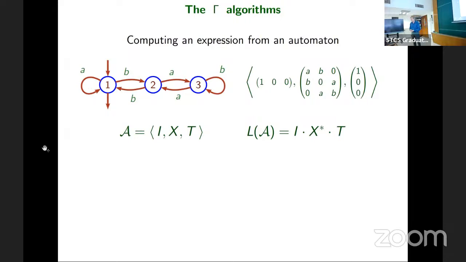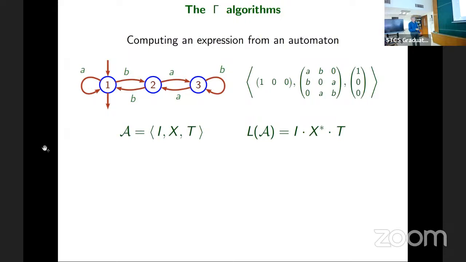Well, the star stands for that, of course, and there is no problem of definition because, with this model I've taken, every transition is labeled by a letter, so every entry of the transition matrix will be a union of letters, a polynomial of degree 1, and so for the power 2 the entries will be polynomials of degree 2, and so on, so there will be no infinite addition.